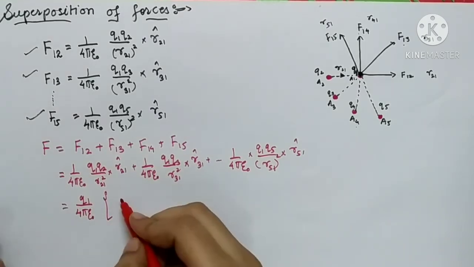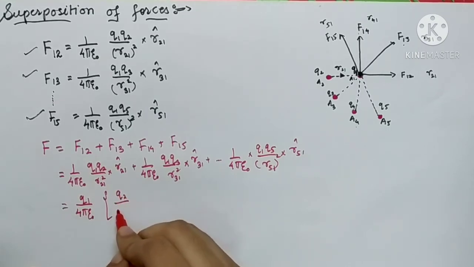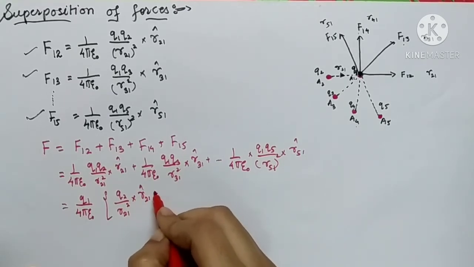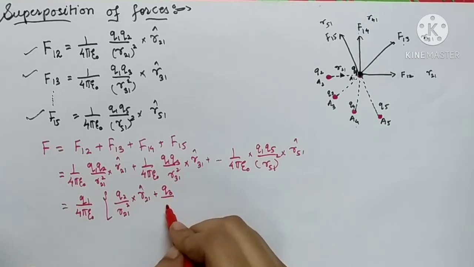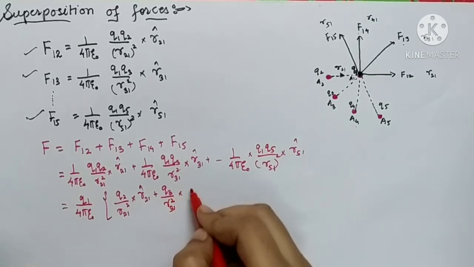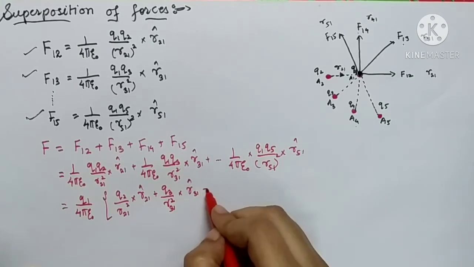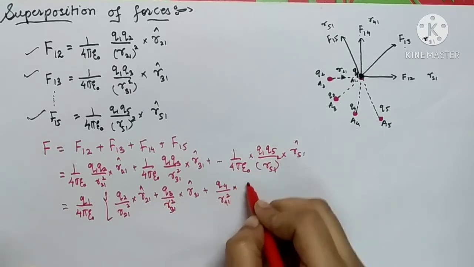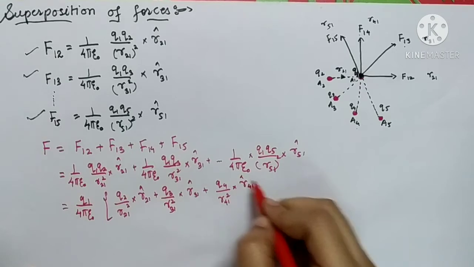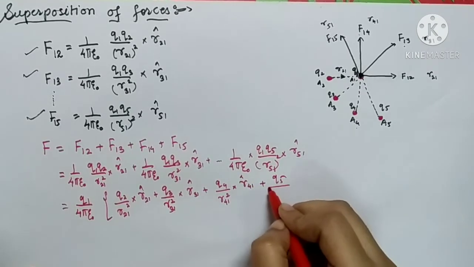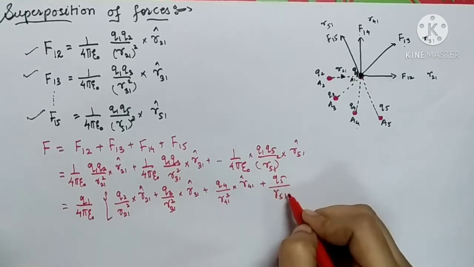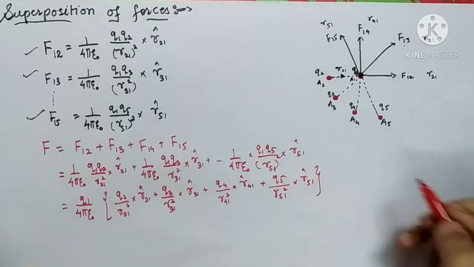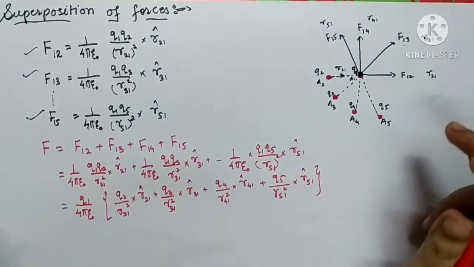It will be Q2 upon R21 square into R21 hat plus Q3 upon R31 square into R31 hat plus Q4 upon R41 square into R41 hat plus Q5 upon R51 square into R51 hat. So this is the resultant force acting on the charge Q1.